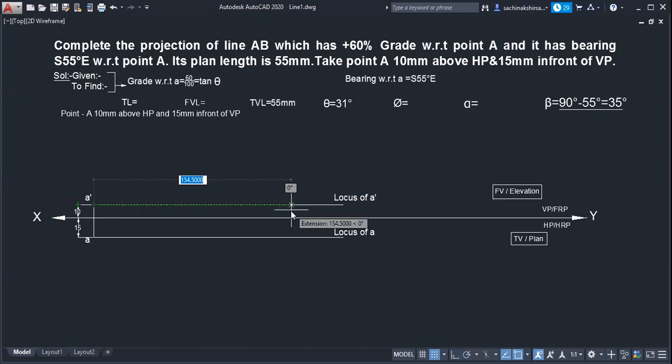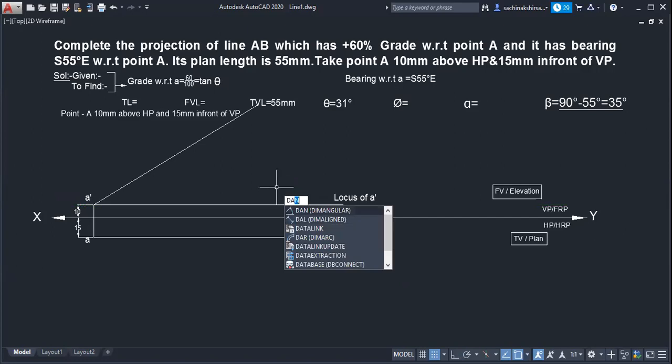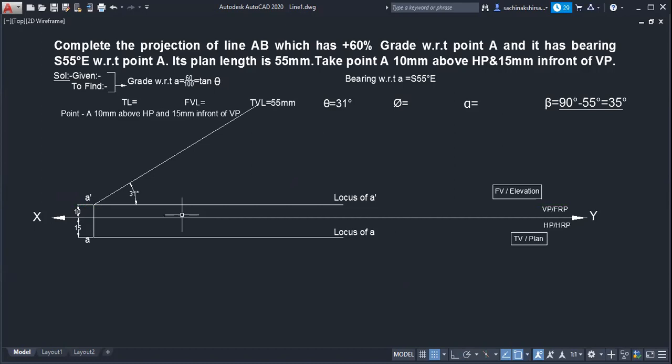Okay, I will mark it above XY. 31. So which is this angle? Theta. So we have marked theta here.